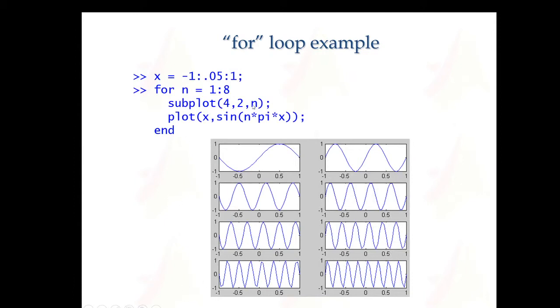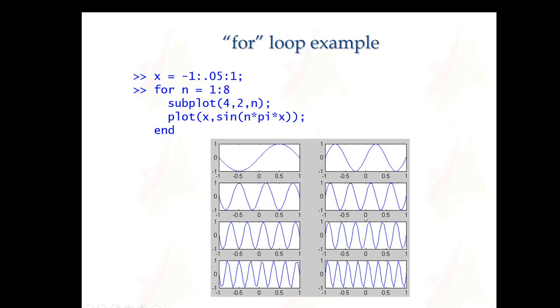This 1 means the first display is here. For n equal to 1 to 8, subplot 4 comma 2, so the figure window is divided into 8 subplots of 4 by 2. Here the for loop is running with 1, plot x comma sine of 1 into pi into x, and it is plotting here.